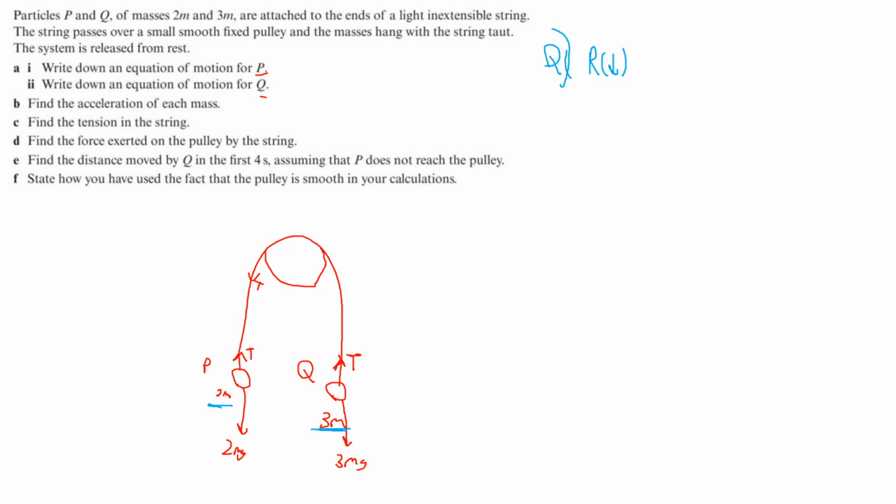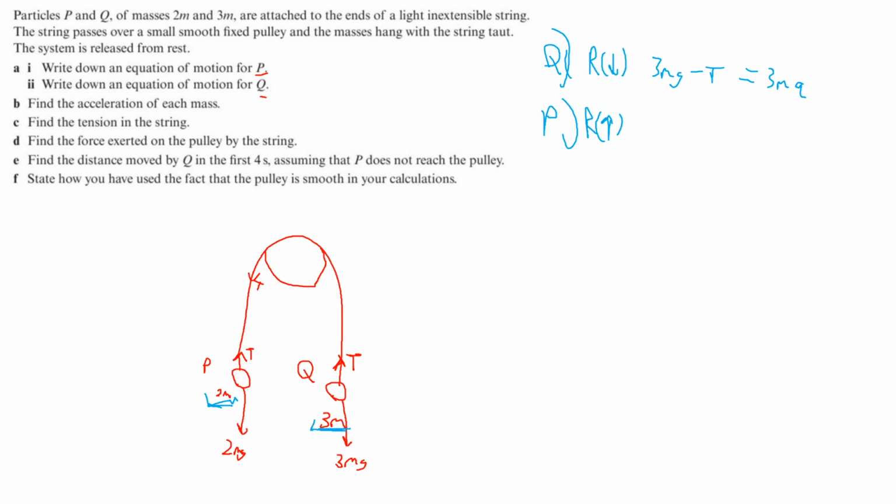And we know then that 3mg minus T is equal to 3ma. And likewise, if we do it for P, we know that it's going upwards. Why? Because this mass is smaller than this mass.